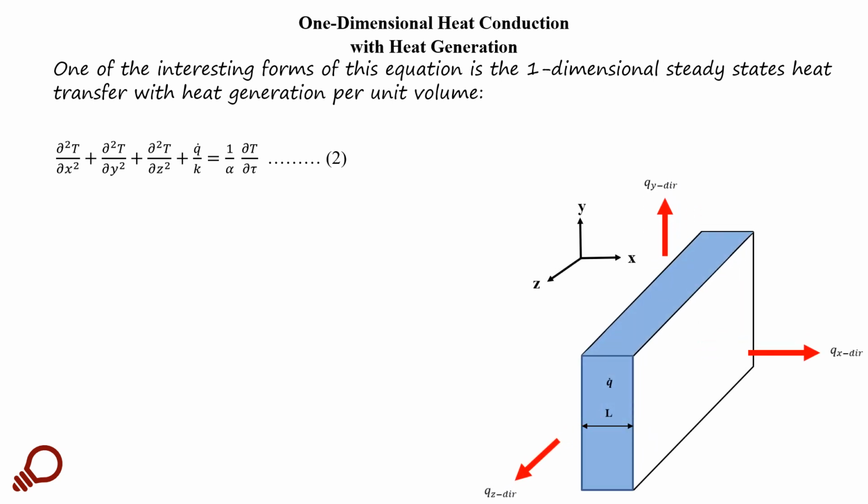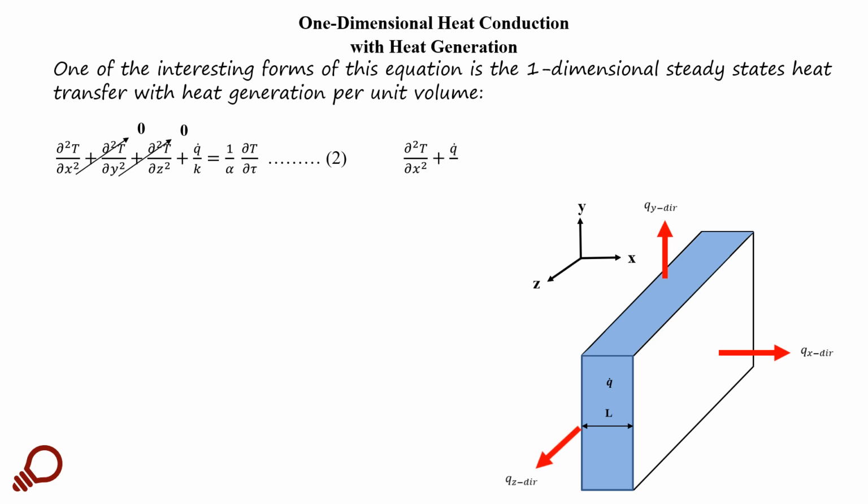How can we reduce this equation to the one-dimensional form? As shown in this figure, we have the faces, and we may consider it as an element with a thickness of L. If we ignore the effect of the y direction, then partial squared T with respect to y squared will vanish and approach 0. In the z direction as well, we have partial squared T with respect to z squared equal to 0.